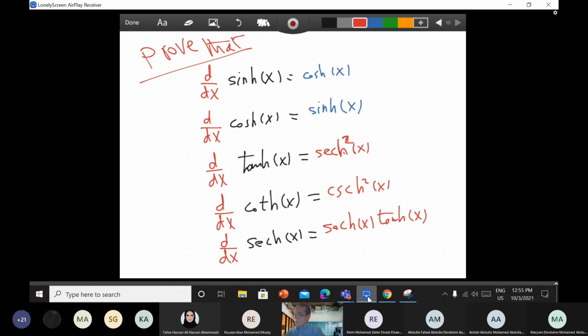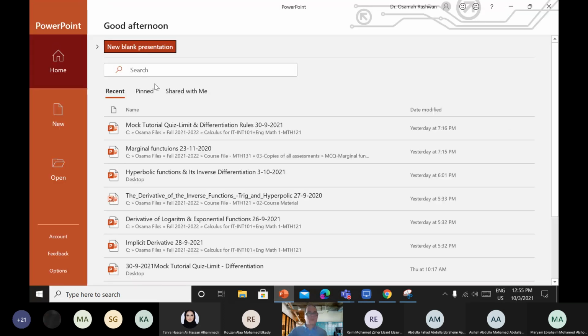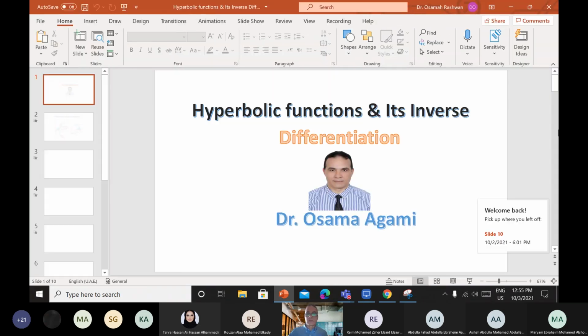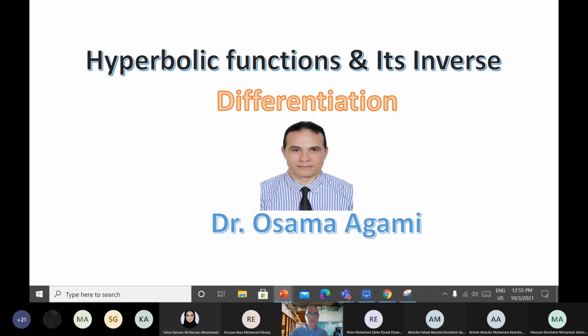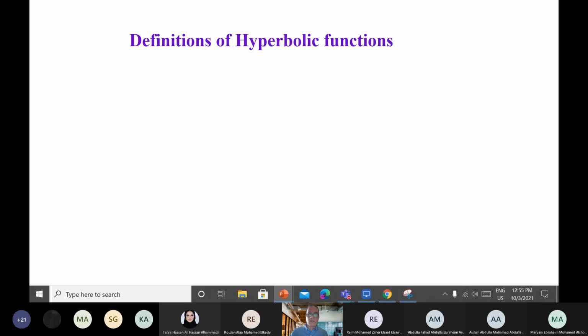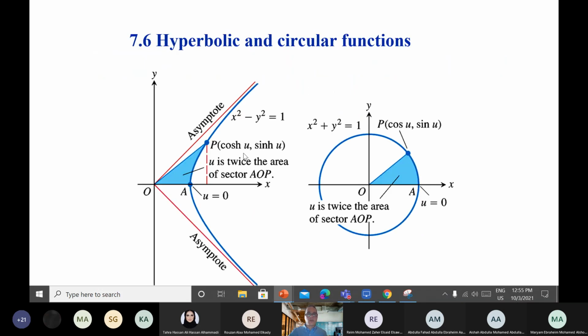Also, next, I will get this one just for saving time. This is why they call it hyperbolic, and we call it circular here: if you write any point as cosine and sine coordinates and take the difference of the squares, you will have a hyperbola.